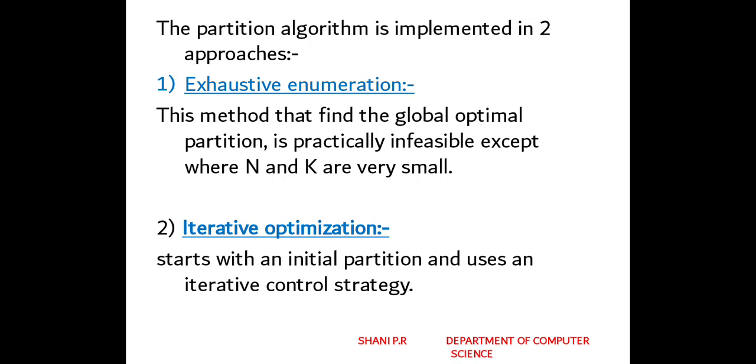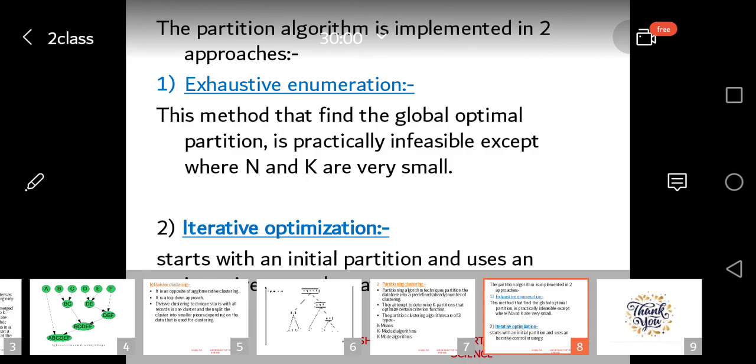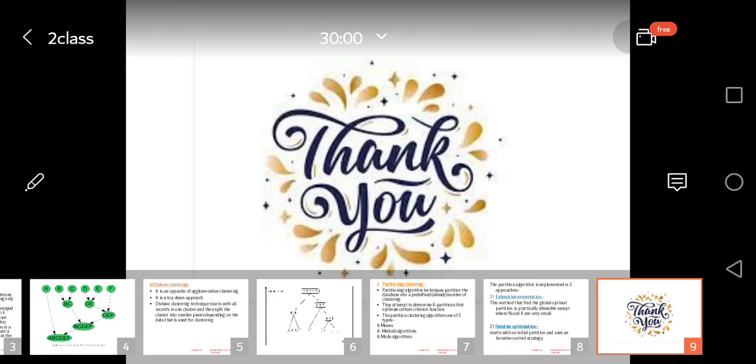Then cosine, which means the angle between the two vectors from the origin. So these are some of the measures or methods that can be used while we are measuring the clustering elements. Okay. So here these are the two approaches, exhaustive enumeration and iterative optimization. Okay. So write this down in your notes. Okay. Thank you.